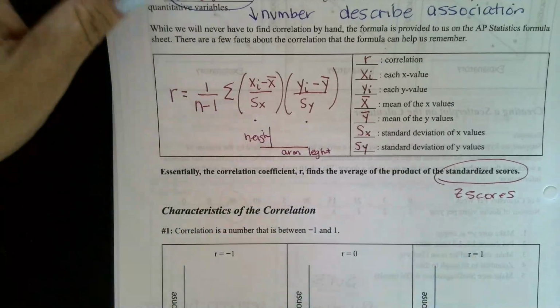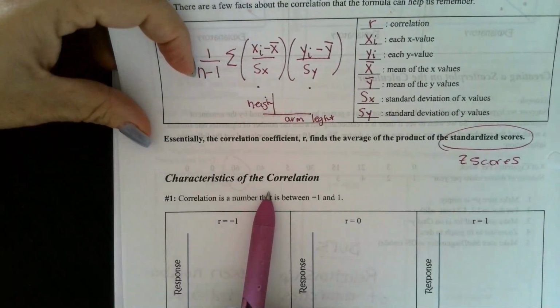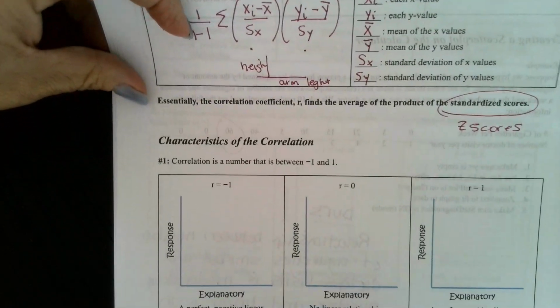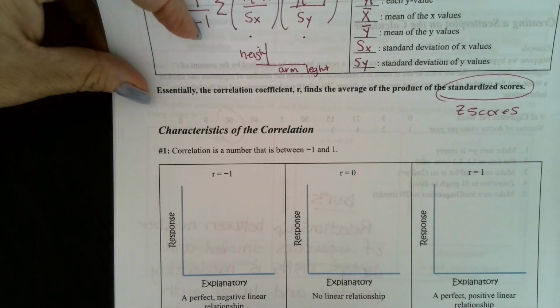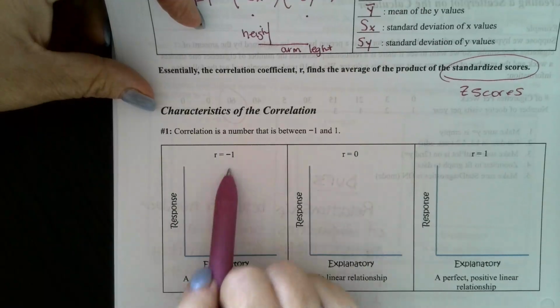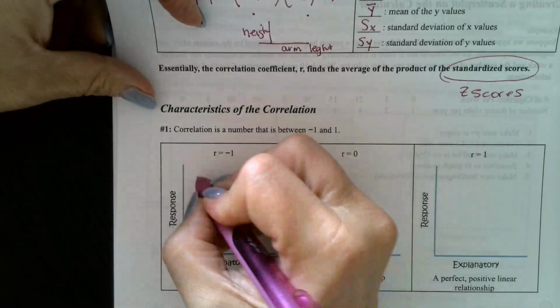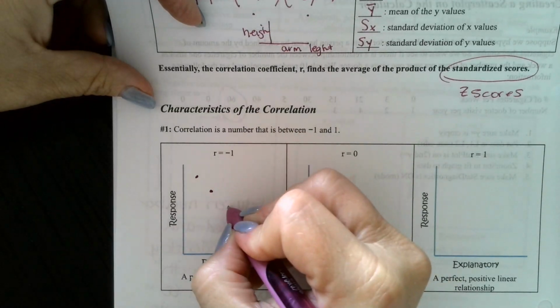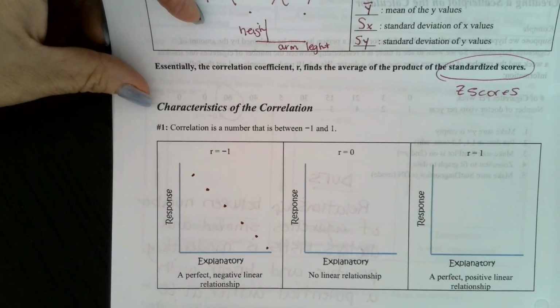So a few little rules or tips about our correlation coefficient. The correlation coefficient is always going to be a number between -1 and 1. If we have a value of -1, we have a perfect negative linear relationship, and that value on your scatter plot is going to look exactly like this. It's going to be perfectly linear.